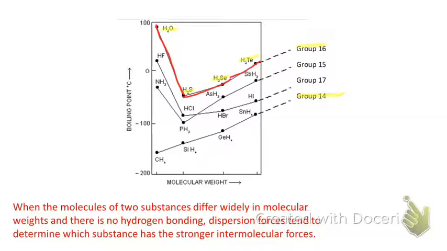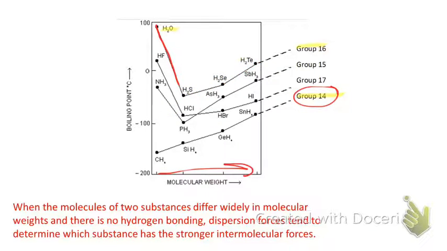If it's going up by molecular weight, you should see water way down here, and there should be an increase up here by molecular weight. As the molecular weight increases, we should see the boiling point increase, much like we see with group 14. But we don't see that trend at all.